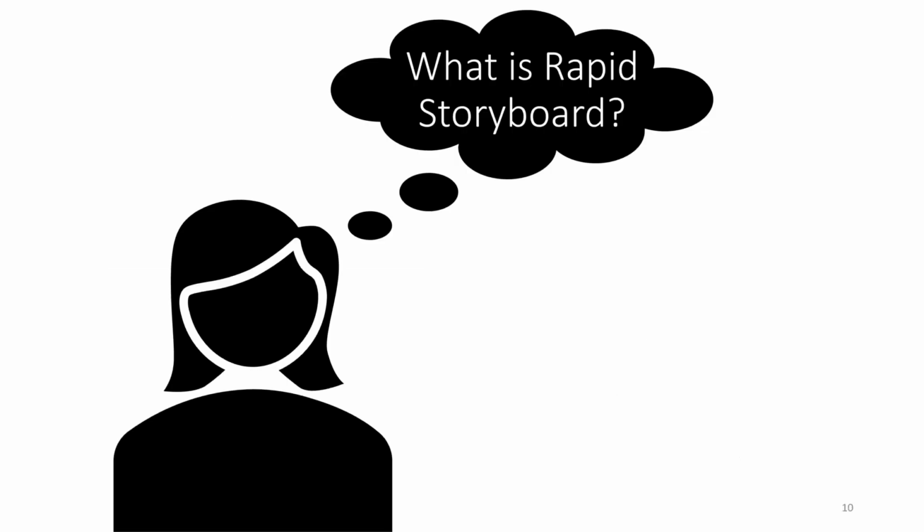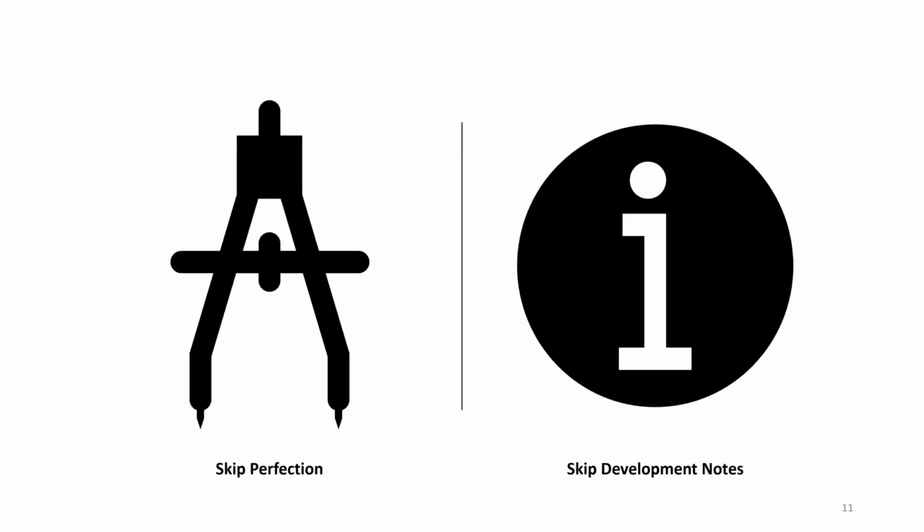So what is rapid storyboarding, and how does it differ from the storyboarding we've just gone through? The biggest differentiator is we're skipping perfection. We're literally grabbing what we need, putting it on the screen, giving it a general size and placement, not really focused on perfection or fine-tuned design.